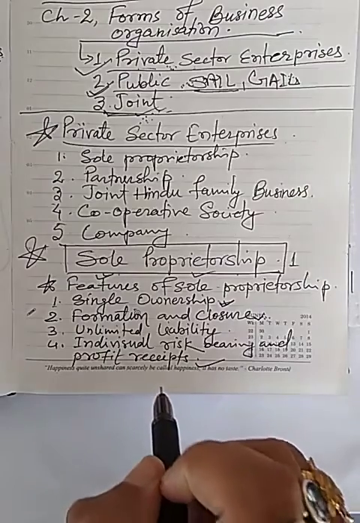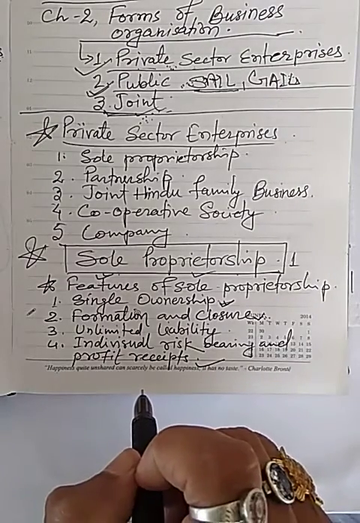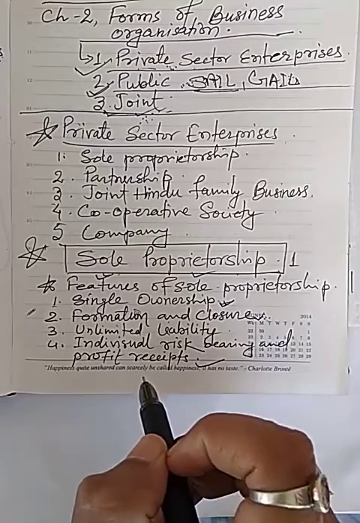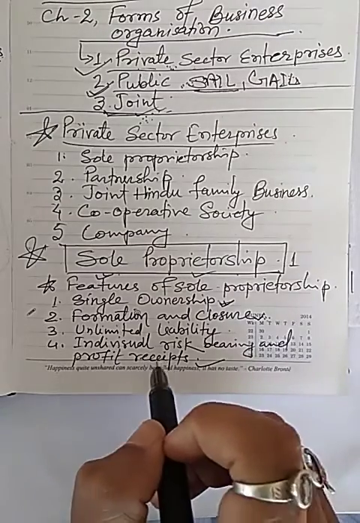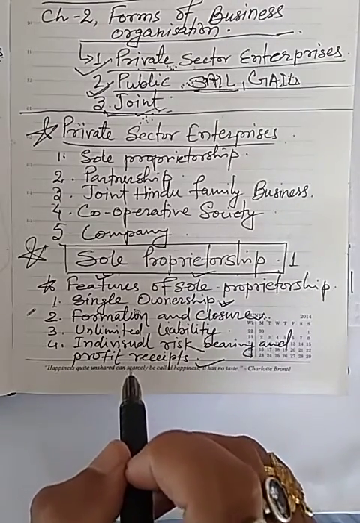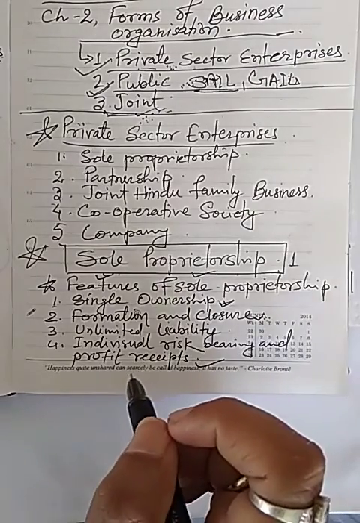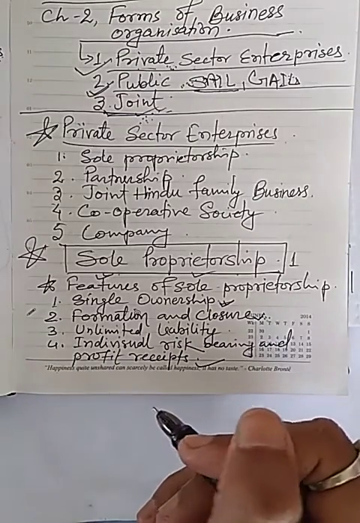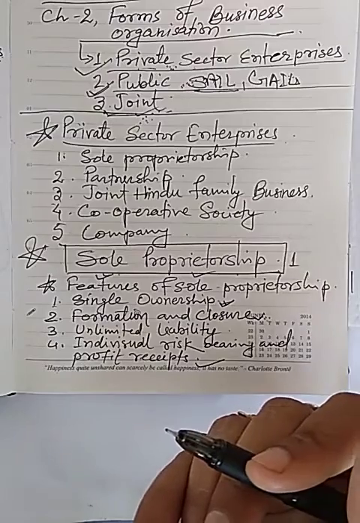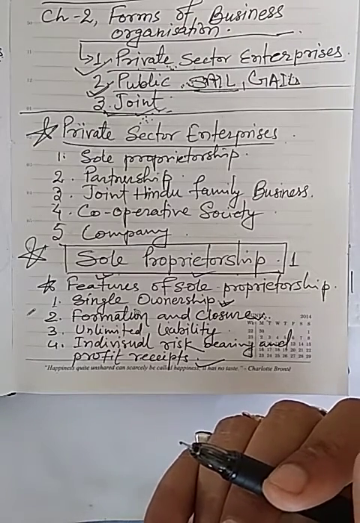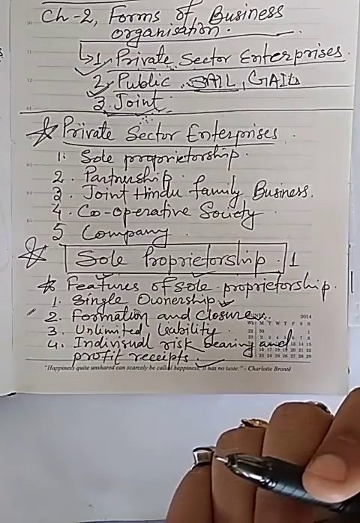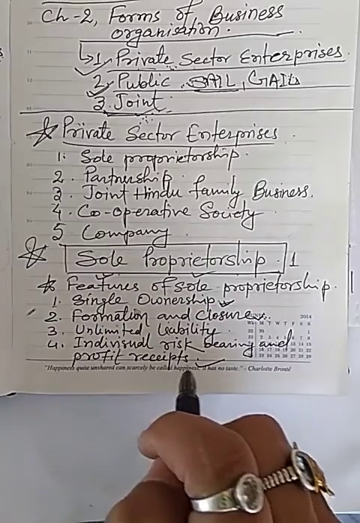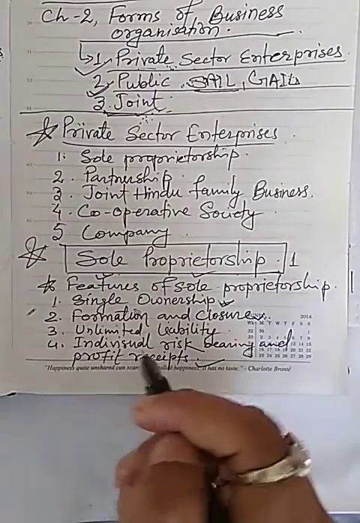The sole beneficiary of all the rewards is one individual only. Likewise, if there are losses, he alone has to bear them. But when he gets profit, he alone will also receive the profit. Thus, profit receipt and risk bearing is individual.